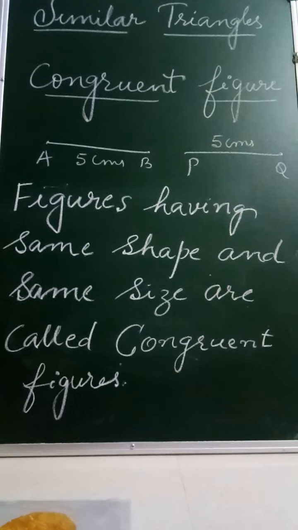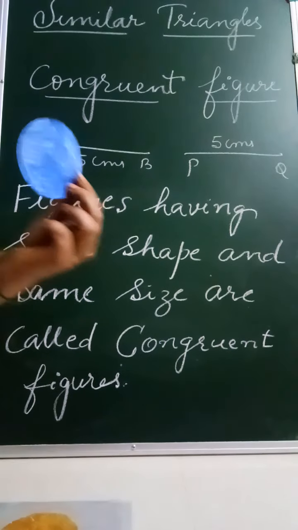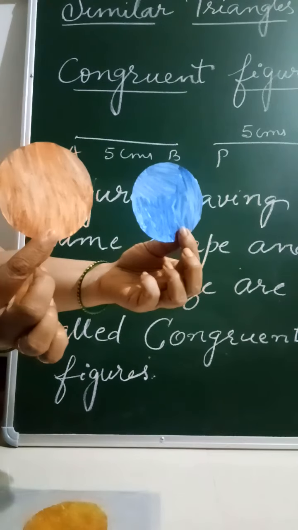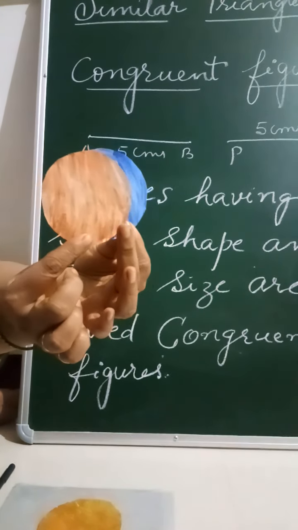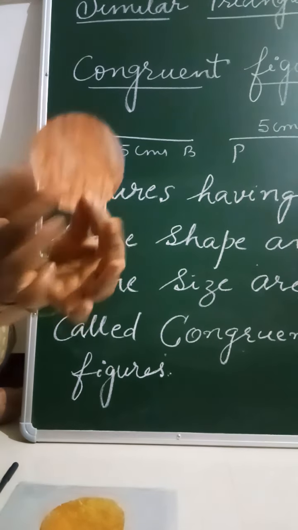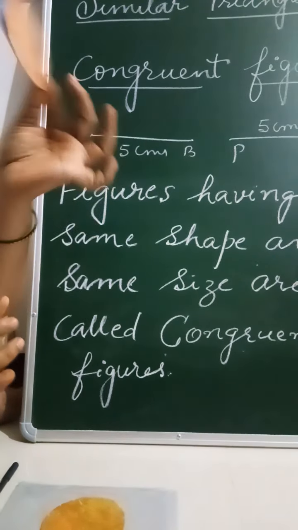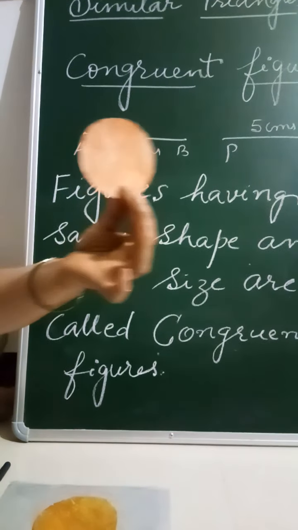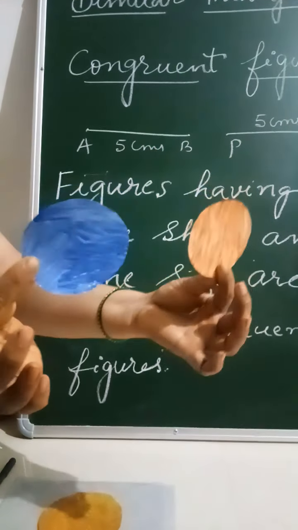In the same way, if I consider 2 circles, can you see these 2 circles? These 2 circles are of same radius. When I keep 2 circles one above the other, it exactly coincides. Why does it coincide with each other? Because the radii of these 2 circles are same.